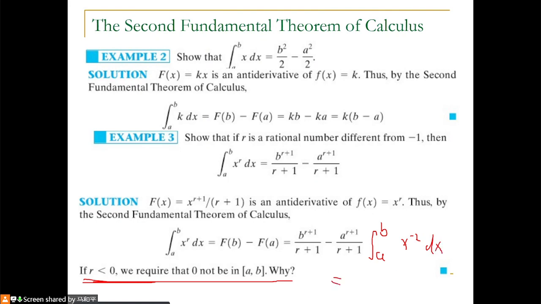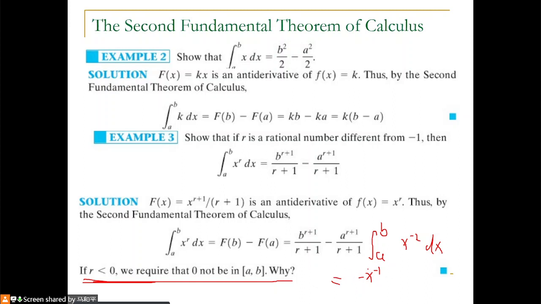So we find the antiderivative. This is x to the -2, so the antiderivative is minus x to the -1.